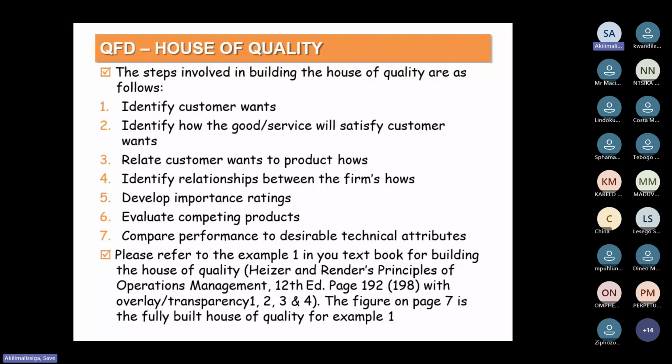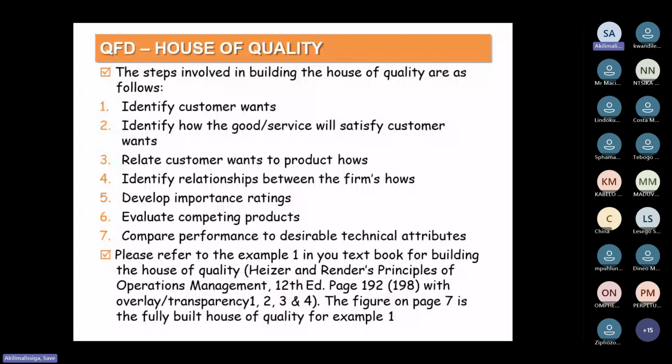The things that the company can do to satisfy the customer wants are what we call the hows. In the process of building a House of Quality, you also need to establish the relationship amongst the hows, the things that the company can do.